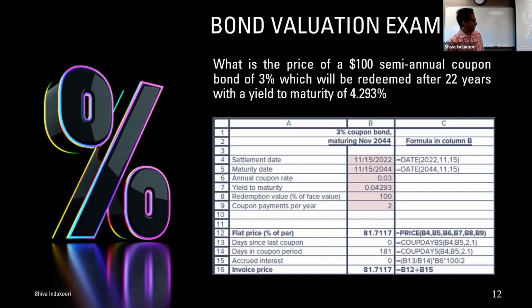I gave you the values, and I also gave you how to arrive at the price, the coupon, and days in coupon period, and so on. I gave you the whole. You can try at your leisure time. I think the whole thing is here. Nothing is missing.